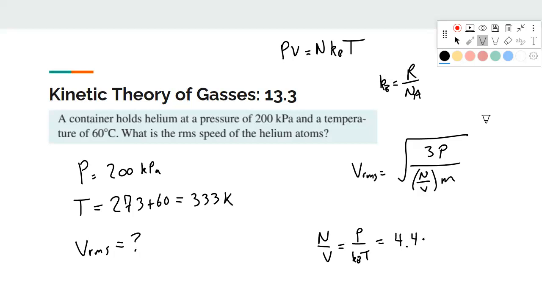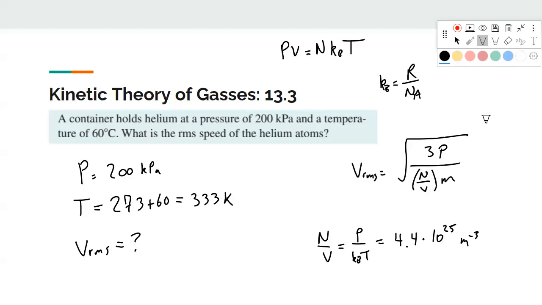I get roughly 4 times 10 to the 25, so this is like a little under 100 moles, basically. 10 to the 23 is about Avogadro's number, 6 times 10 to the 23. This is 4 times 10 to the 25. So around a little under 100 moles of gas per cubic meter of this container.